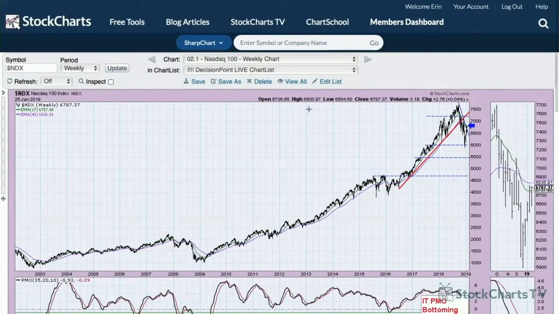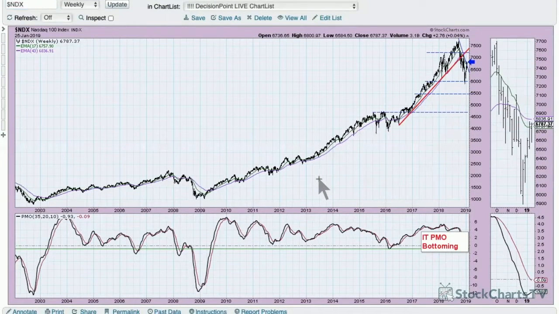Before you go, look at 2008: the PMO makes two tops. It bottoms first early, then it tops again, then it bottoms again.